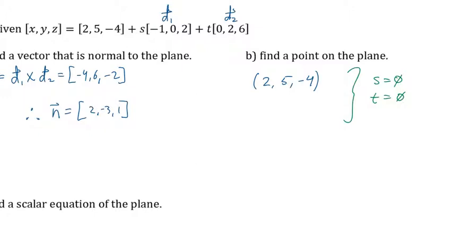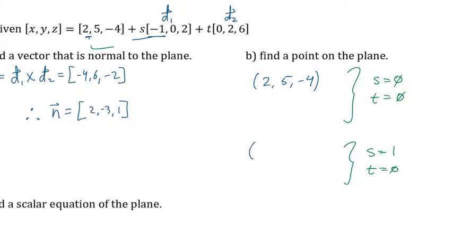So what if I chose S equals 1 and T equals 0? If I needed another point, how would that work? Well, I would get 2 minus 1, which is 1, plus 0, because T is 0. And then 5 plus 0, so 5.